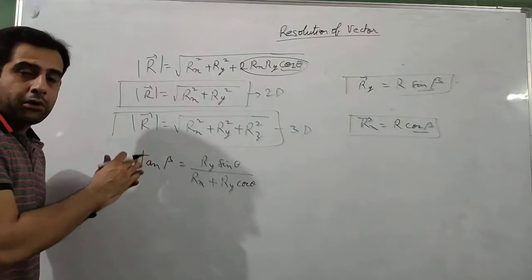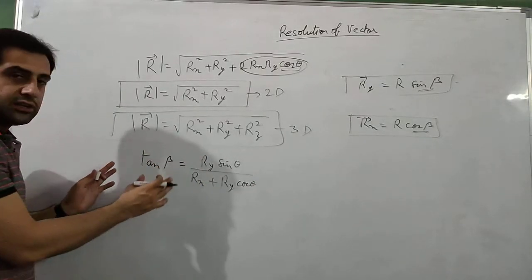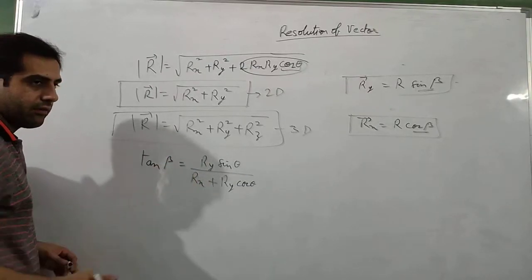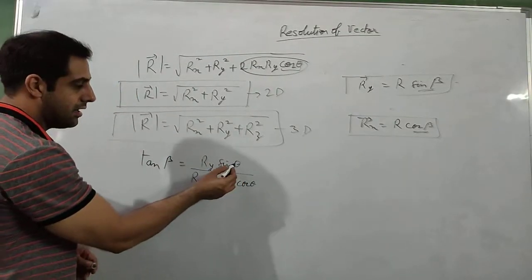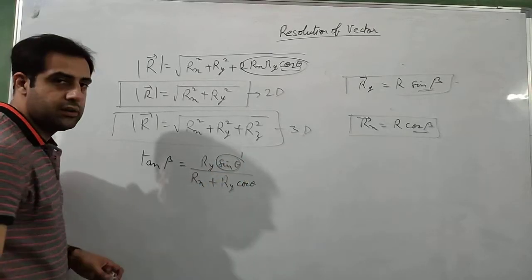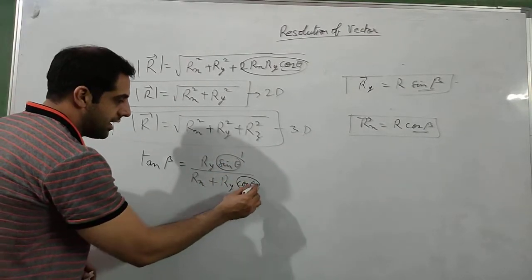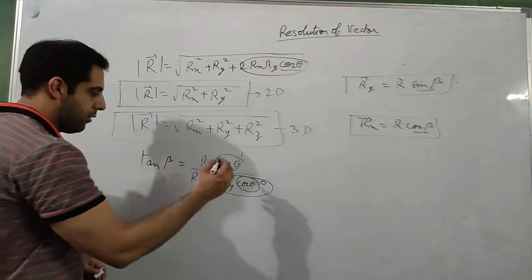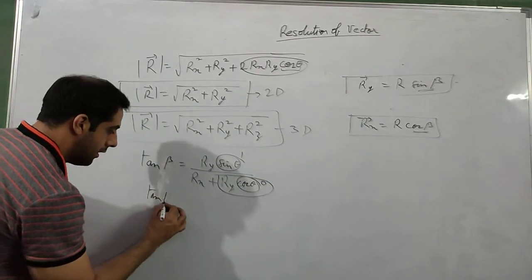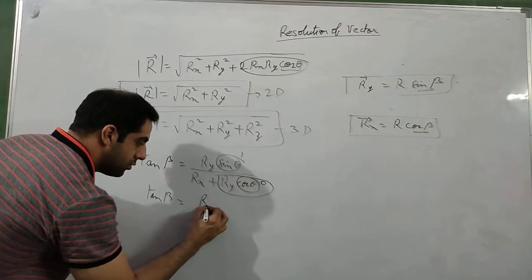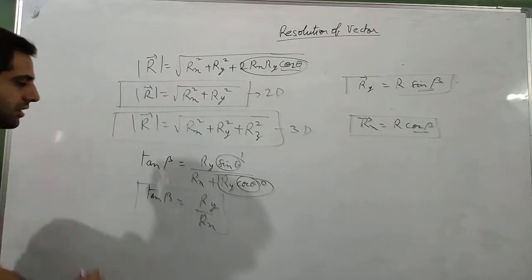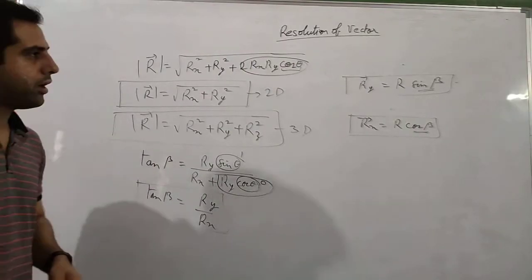You can refer to the previous videos and compare the two formulas; you will find they are the same, with ry and rx used instead of a and b. Now theta is 90, so sin 90 is 1 and cos 90 is 0, so that entire term goes away, and what is left is tan beta equals ry upon rx. So these are the formulas that we are going to use.